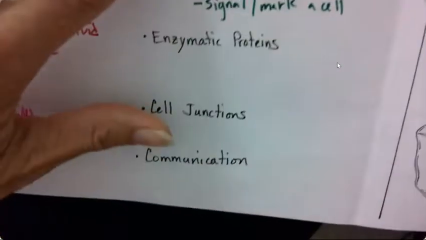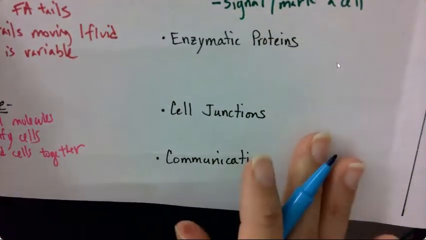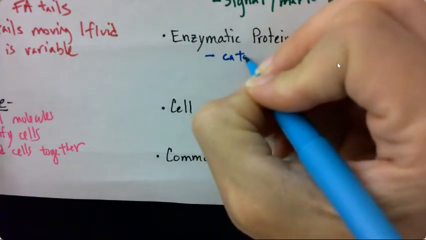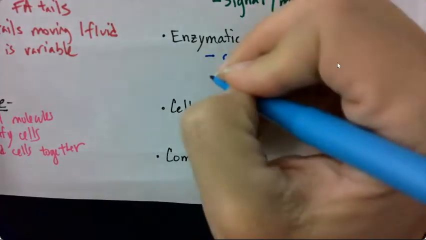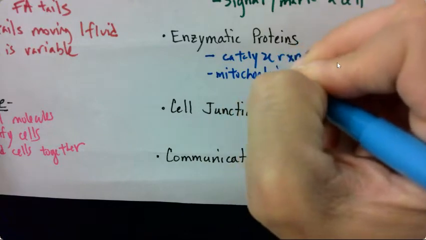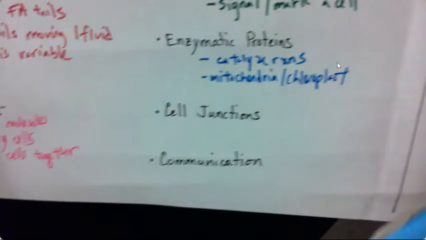Okay, so anyway, that's our carbohydrate right here. We talked about transport proteins and glycoproteins. We can also have enzymatic proteins. Enzymatic proteins can catalyze reactions. We have a lot of these in the mitochondria and in the chloroplast. And enzymatic proteins are usually peripheral proteins.